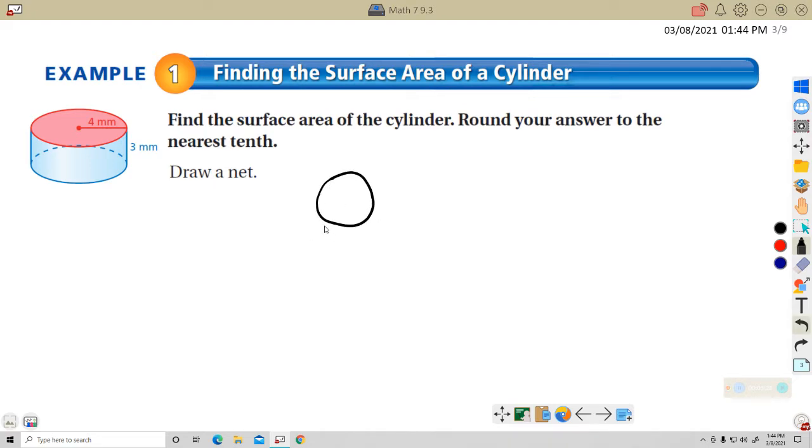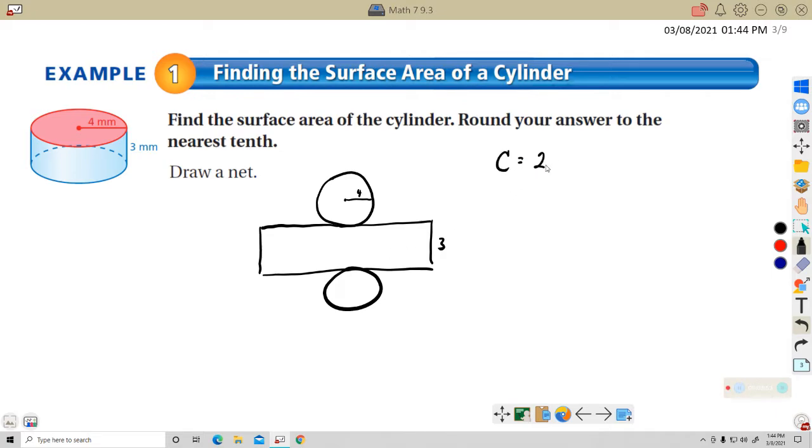Let's draw this net. So we have a circle, and then I'm going to unroll that. Then I have another circle. I know my height is 3, and this radius here is 4. Let's find the circumference first.